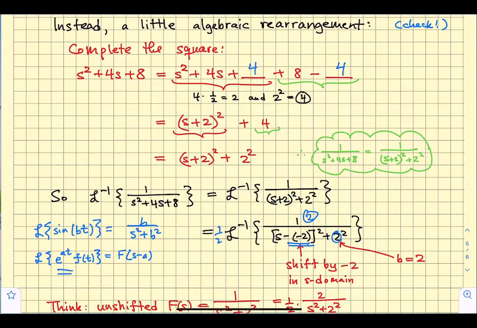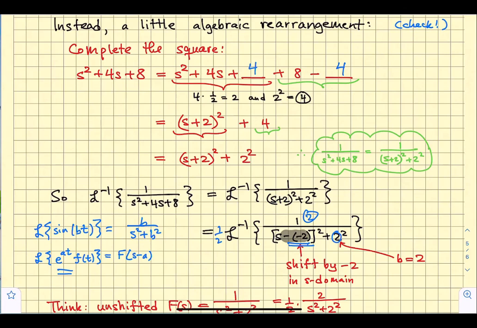So let's inch closer to making it match something in our table. If my b is 2 here, I want to put a 2 here, which I can do as long as I offset it using linearity by putting a 1/2 out front. Now if you look at the blue version and cover up the shift, we could write s plus 2 as s minus a minus 2, but for now, let's just cover up this shift completely. Then we have 1/2 times the inverse Laplace transform of 2 over s squared plus 2 squared, and it seems like it would inverse transform back to a sine of 2t.